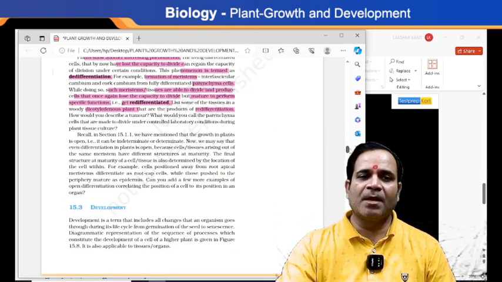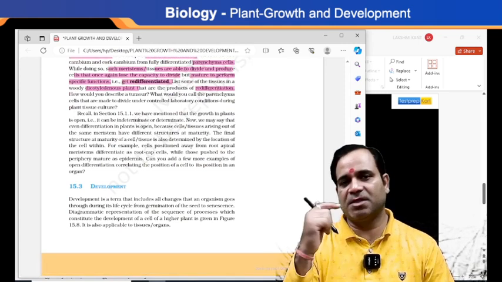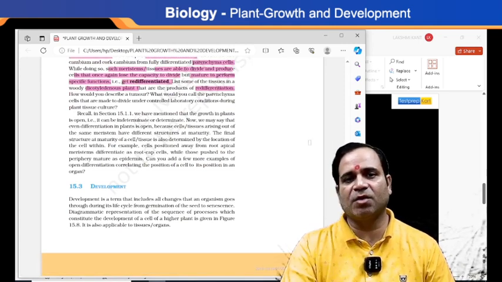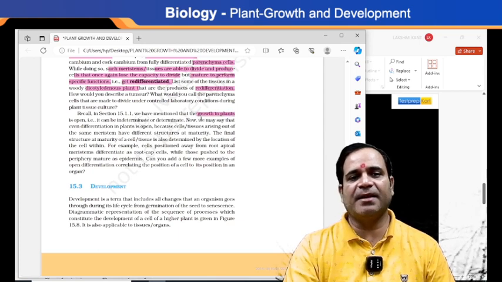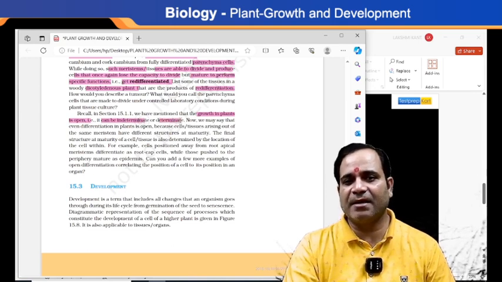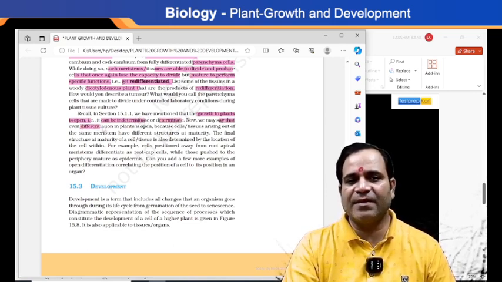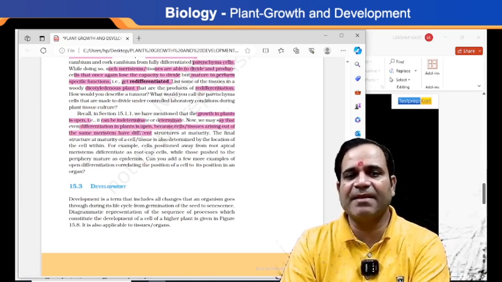See here, suppose I'm telling you about growth in plants, my dear. It can be open, or you say indeterminate, or determinate. Now we say that even differentiation in plants is open because cells and tissues arise out of the same meristem.